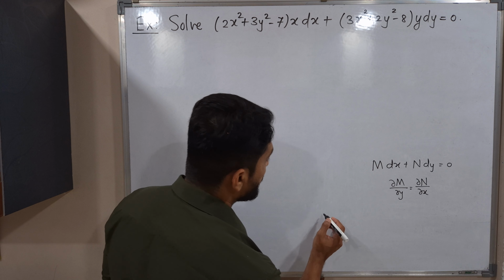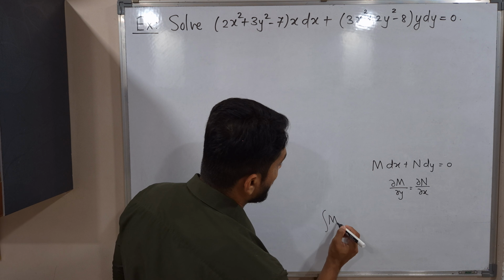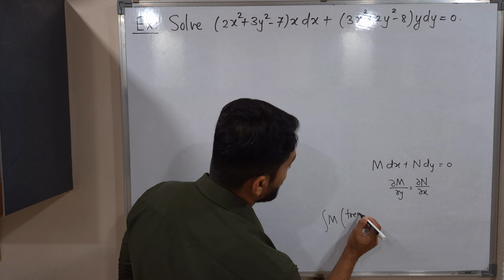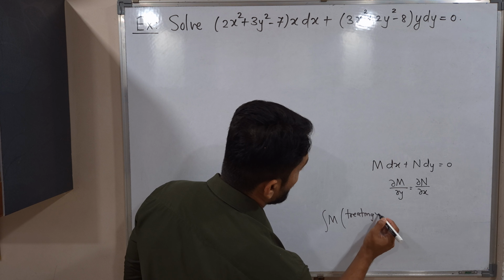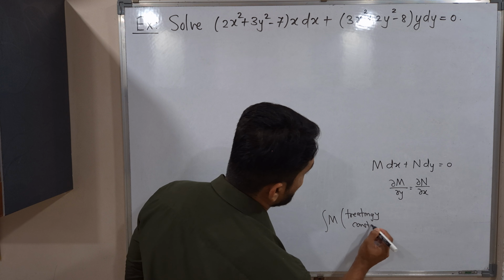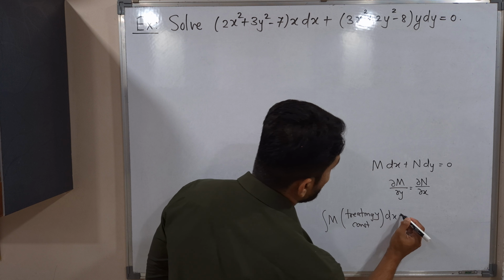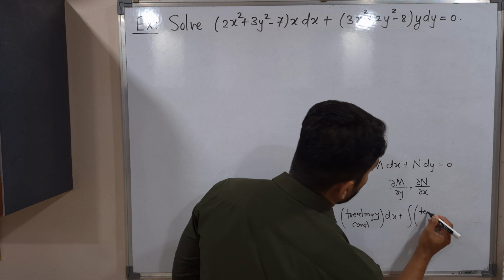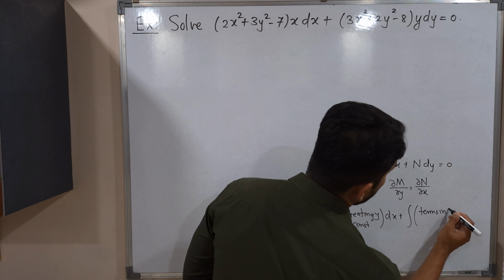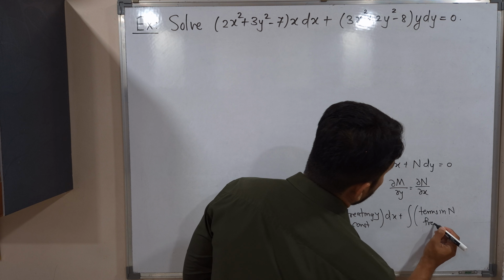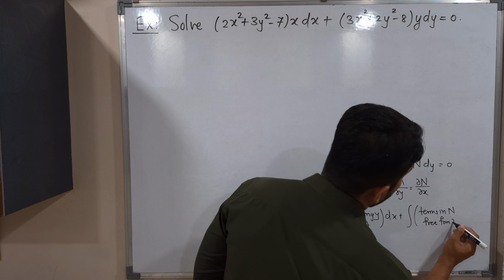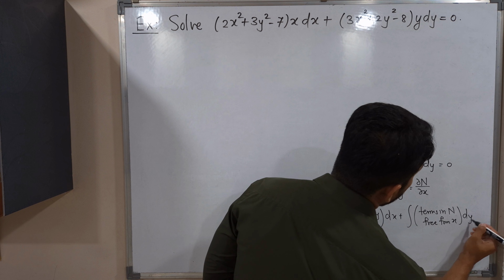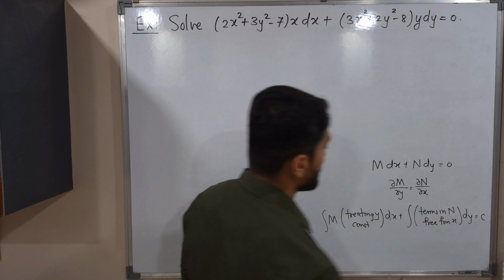We have a fixed formula for that: integration of M, treating y constant, dx, plus integration of the terms in N free from x, dy, is equal to c.